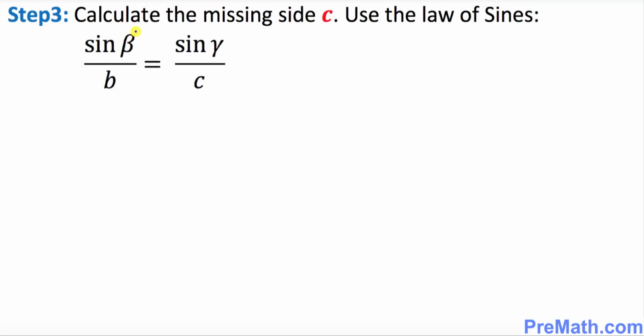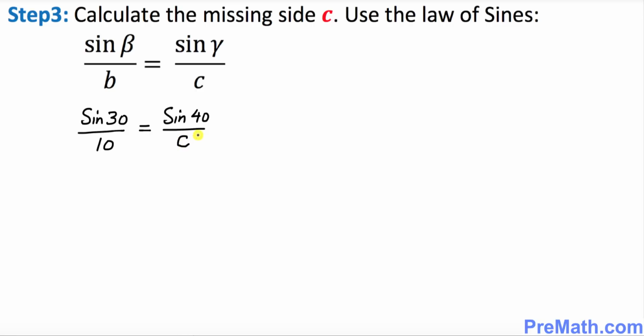And finally, in step 3, we are going to calculate the missing side C, and we will be using this law of sine. Sine of beta over B equals sine gamma over C. So let's put down the values. This is going to become sine of beta, which is 30 degrees, divided by side B, which is 10, equals sine of gamma, which is 40 degrees, divided by side C, which we need to figure out.